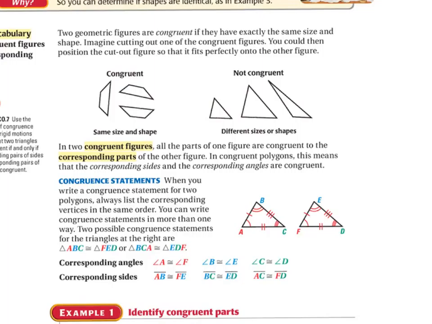We could write that a totally different way. We could write it as BCA is congruent to EDF. Okay, so it works either way. It doesn't matter which order you do it, and you could also do it starting with C or going in a different direction or whatever. So it doesn't matter. You just need to make sure that you have your parts lined up between the two.